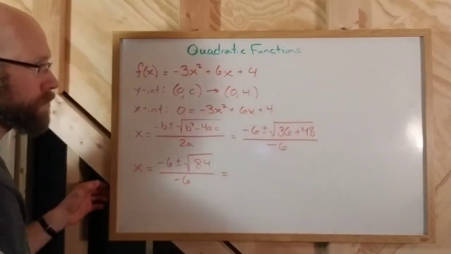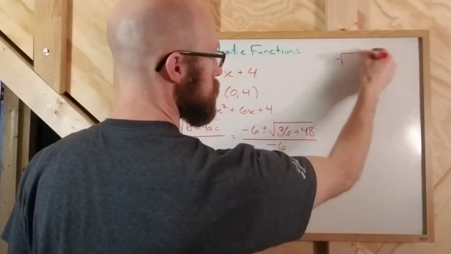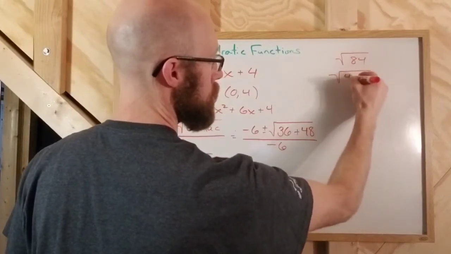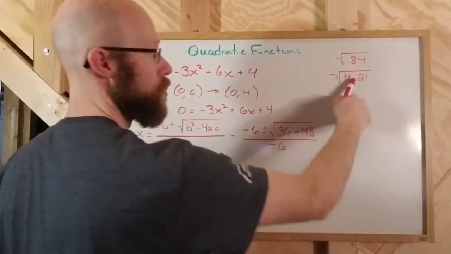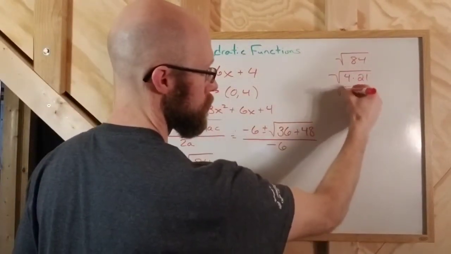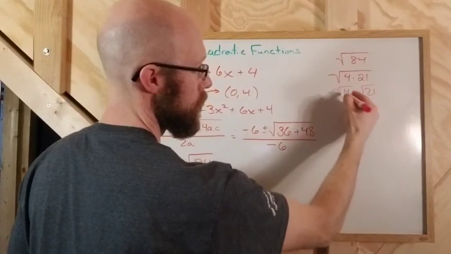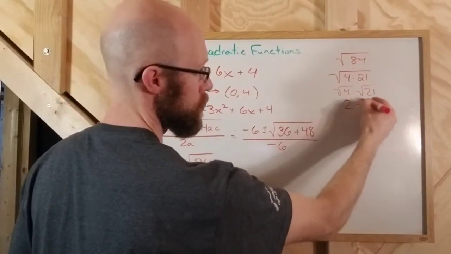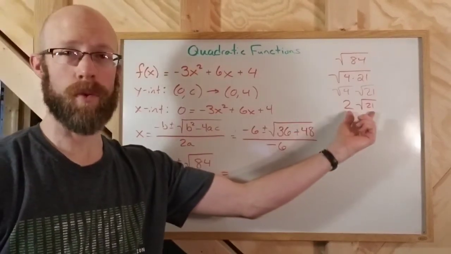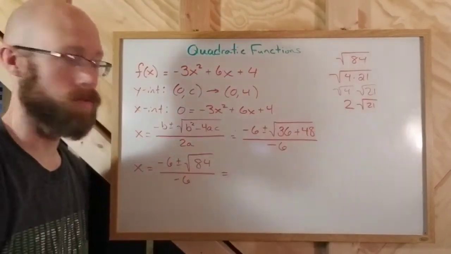I'll take it off to the side here so you can see my work. The square root of 84 is the same as the square root of 4 times 21, 4 being our perfect square factor. When I split this root up, root 4, root 21, the square root of 4 is 2. The square root of 21 has no perfect square factor. So 2 root 21 is our simplified form there.